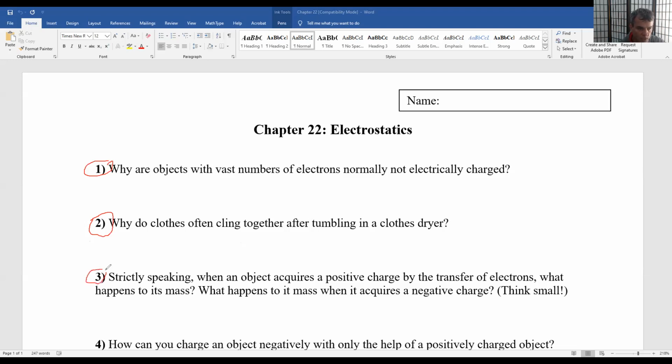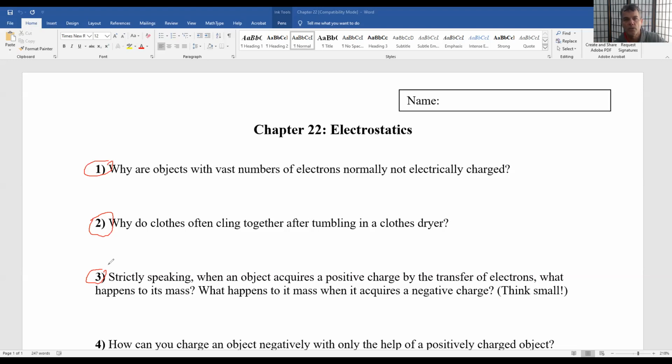3. Strictly speaking, when an object acquires a positive charge by the transfer of electrons, what happens to its mass? What happens to its mass when it acquires a negative charge? Think small. Electrons, although they're really, really small, do have a teeny tiny mass, which means if you lose an electron, you lose the mass associated with that electron.